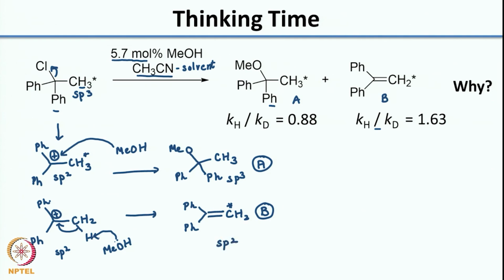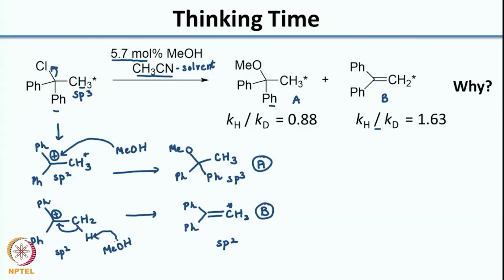Now here you have the bond breaking. But what do you observe? In the first case, you observe an inverse kinetic isotope effect. Whatever you have studied so far for SN1, we have always said that the first step is rate determining, right? Now if the first step were rate determining for formation of A, so let us call this reactant R, what would you see?